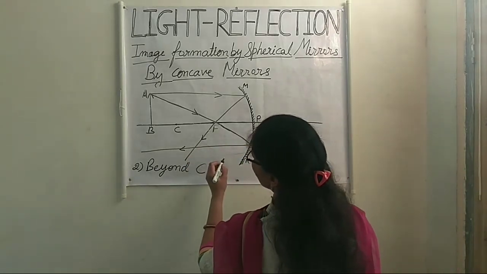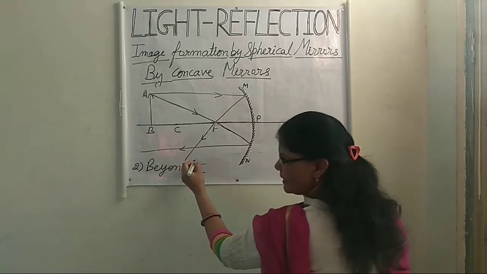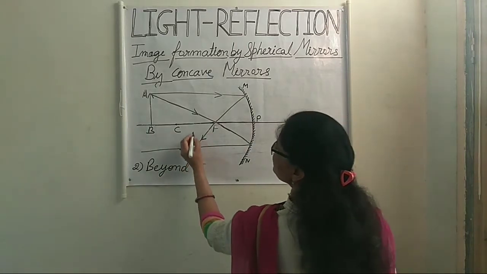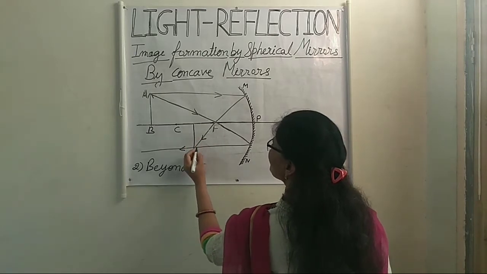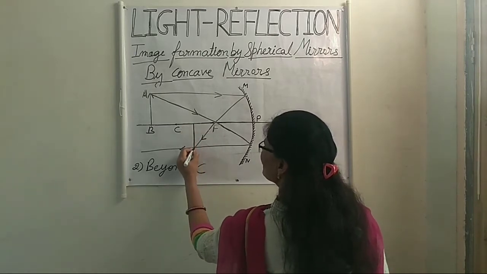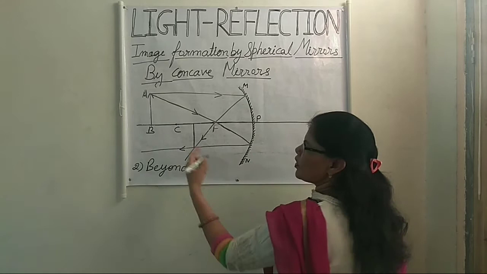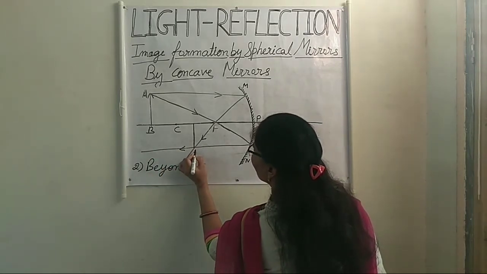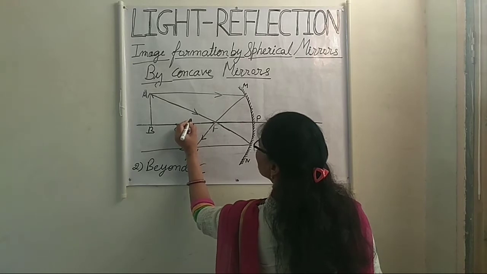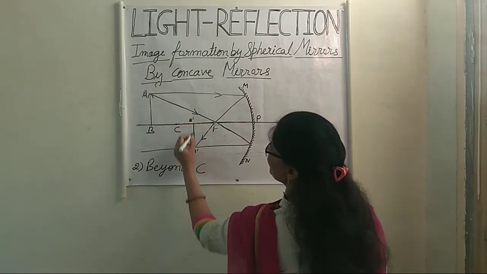So these two rays, this is the reflected ray and this is the reflected ray, are meeting here. This is our image formation when the object is beyond C. Here we can represent it as A dash and B dash.